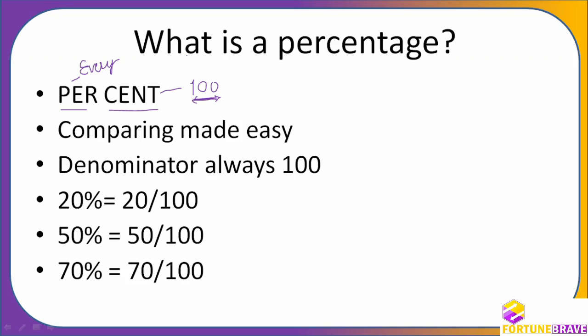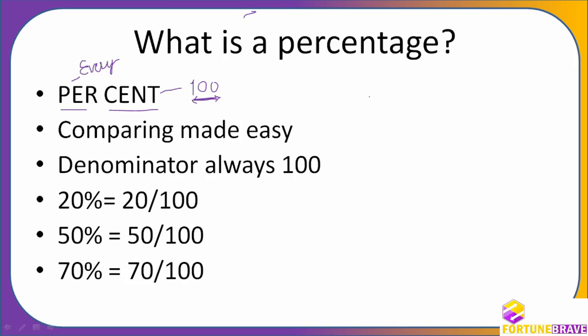The total marks are also different, the obtained marks are also different. So it is very difficult to compare. When we have to compare a large population, percentage will help a lot, because whatever marks he has taken, we are going to say how much out of every 100 he has taken.